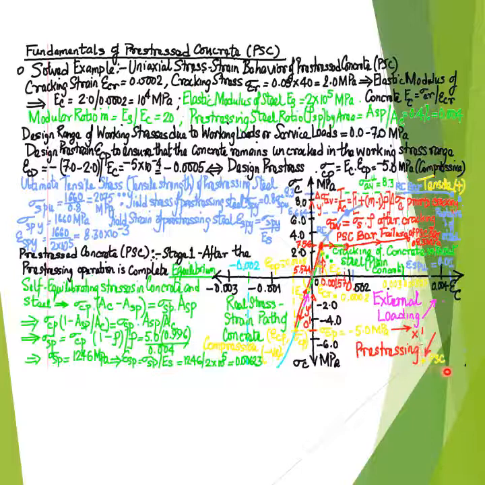That is, this concrete travels on the stress strain path from the state of 0 stress and strain to the state of pre-stress or the initial pre-compressive stress sigma Cp and the corresponding initial pre-compressive strain or pre-strain epsilon Cp, due to the pre-stressing of steel in the pre-stressed concrete bar.